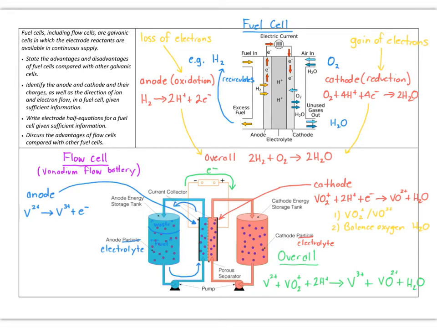And then step 3, balance the hydrogen using H+. So we have 2 hydrogen there, so we've got 2 H+ here. And then finally, you've got to balance the charge using electrons.